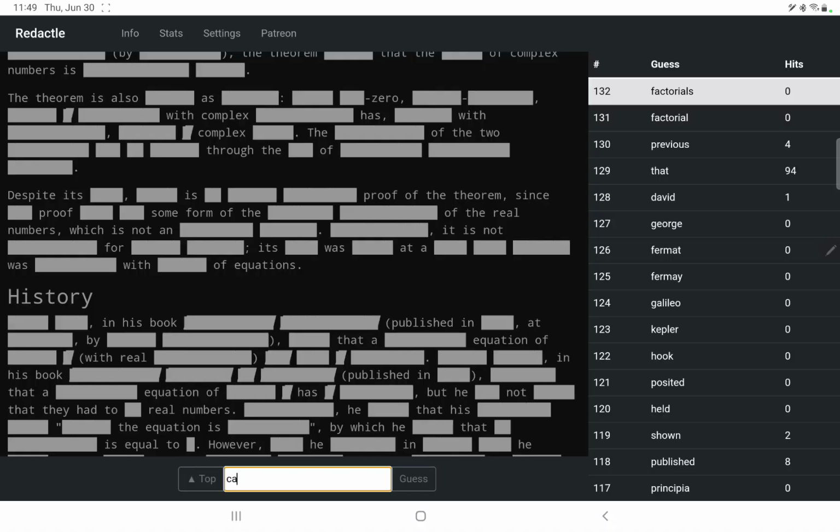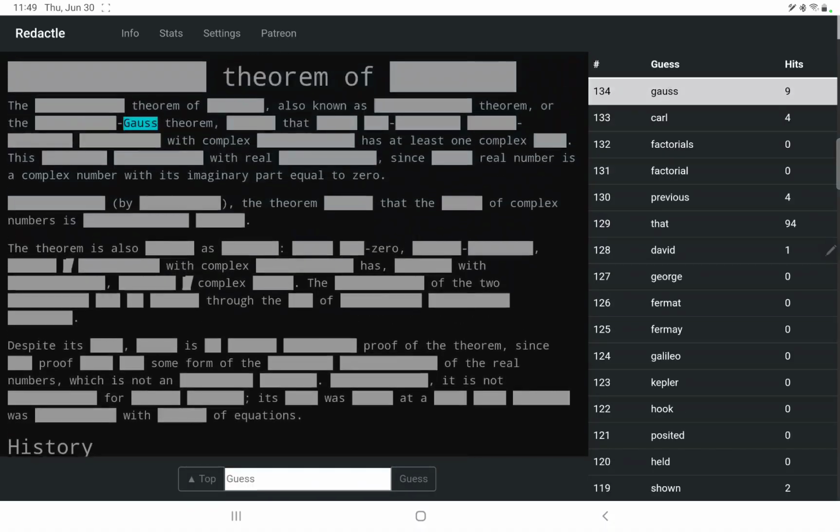I did find a 4-5, Carl Gauss. Let's see if he's mentioned. He seems to be. So actually that was a good find because he may have come up with something very similar. So the something Gauss theorem.